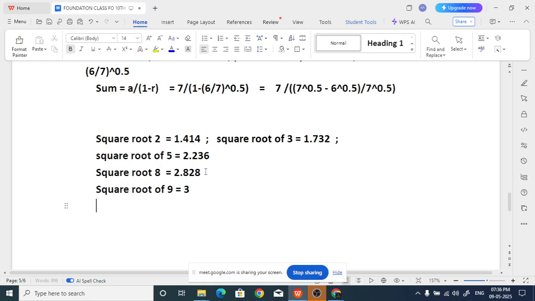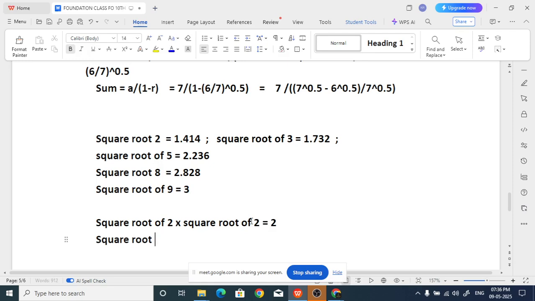So, for any number, for example, square root of 2 into square root of 2 is equal to how much? 2, sir.